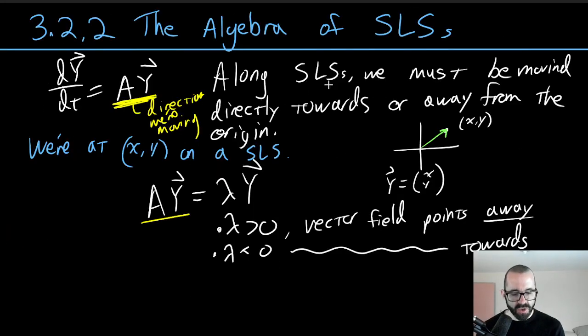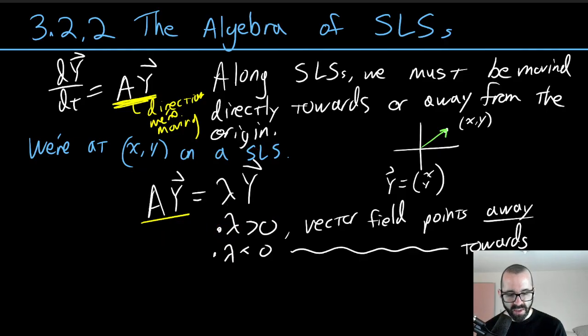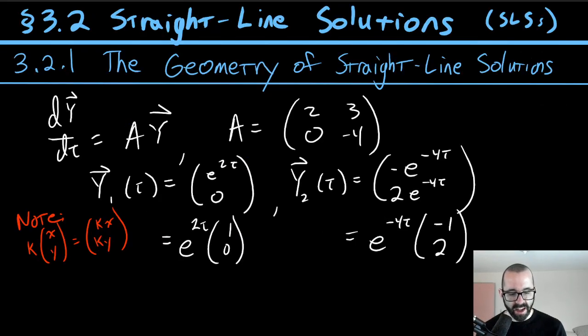Because we said along straight line solutions, we must be moving directly toward or directly away from the origin. That happens when this is the case, because this is the direction that we're moving according to our differential equation. And this is what it would look like to be going directly toward or directly away from the origin. We're saying what constants will do that and what vectors will do that. And we found that the constant that does that is 2 and negative 4.